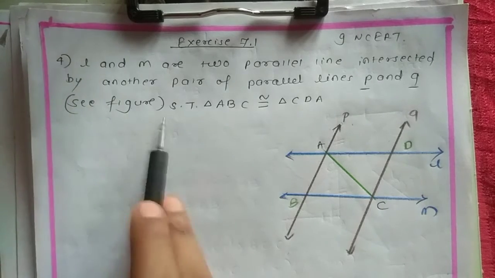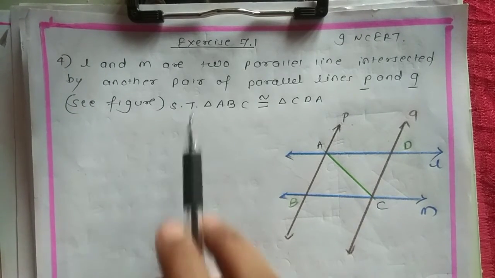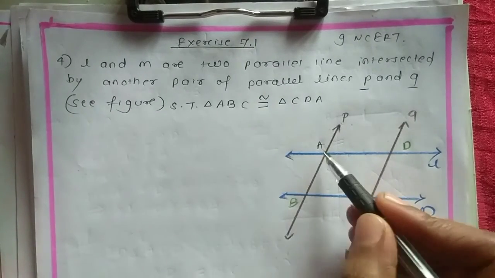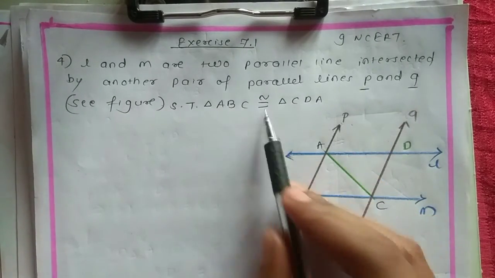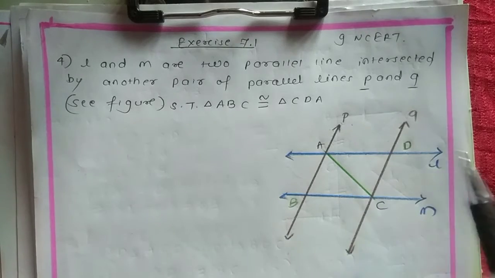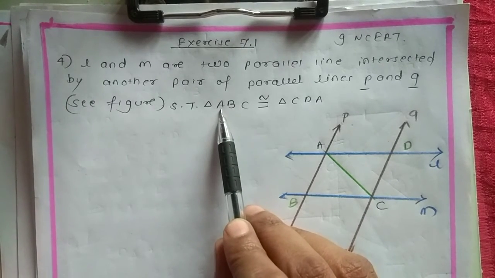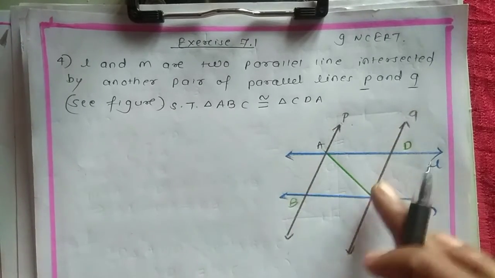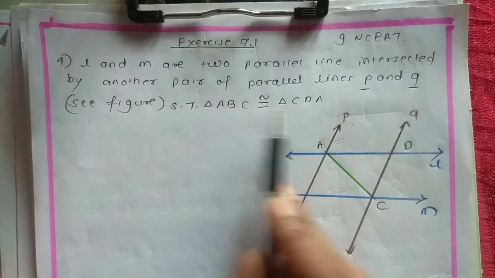Now see, the figure is also given. Show that triangle ABC is congruent with triangle CDA. It means that if you cut the triangle ABC and ADC, A and C will match.